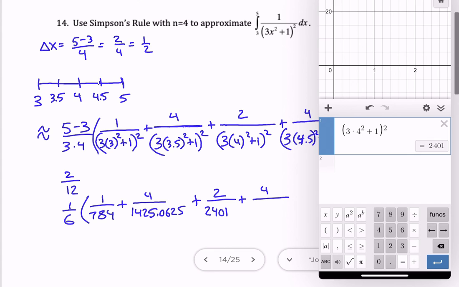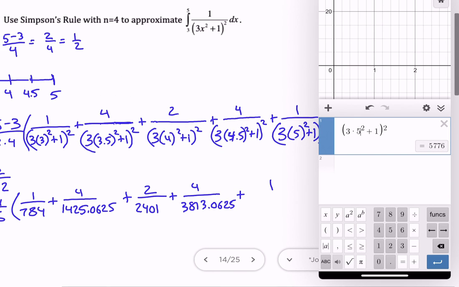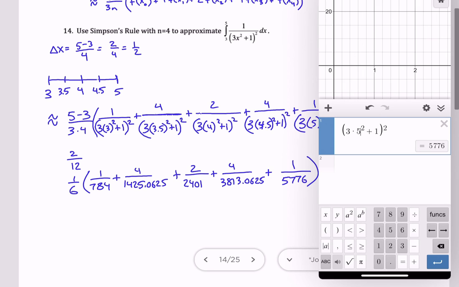The next one, we would want 4.5 squared, so that's 3813.0625. And the last one is just with 5 squared in there. So that's 1 over 5776. So that might make it a little bit easier to calculate.